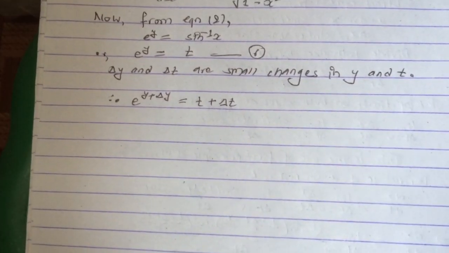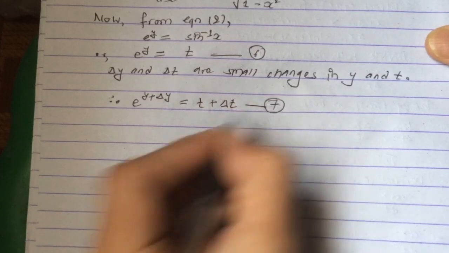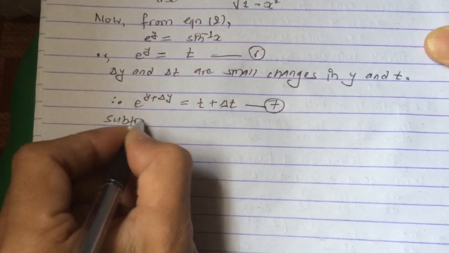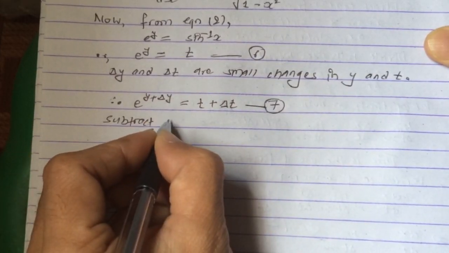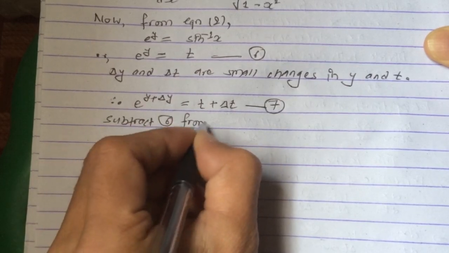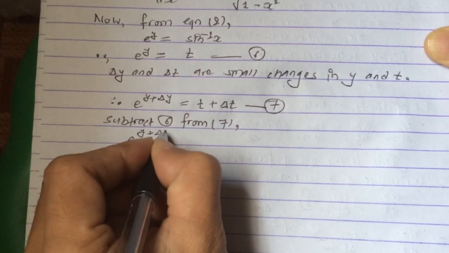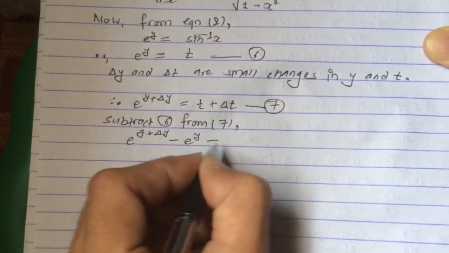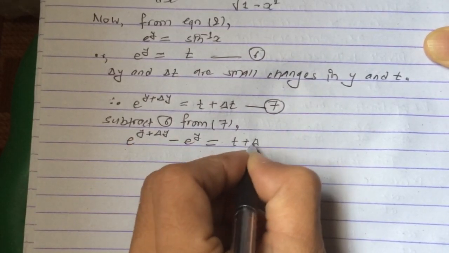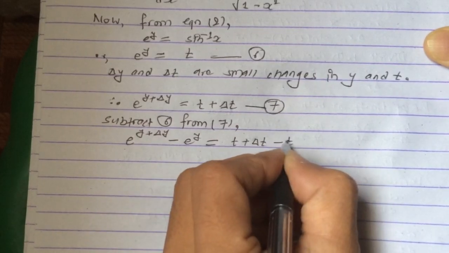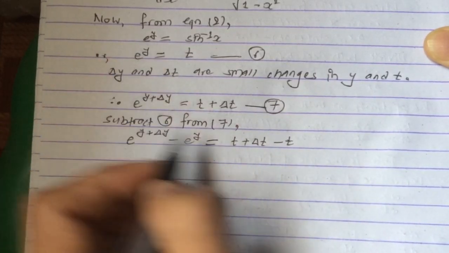in equation 6, let's consider del y and del t are small increments in y and t. Here you can see equation 6 in terms of del y and del t can be written as exponential y plus del y is equal to t plus del t.